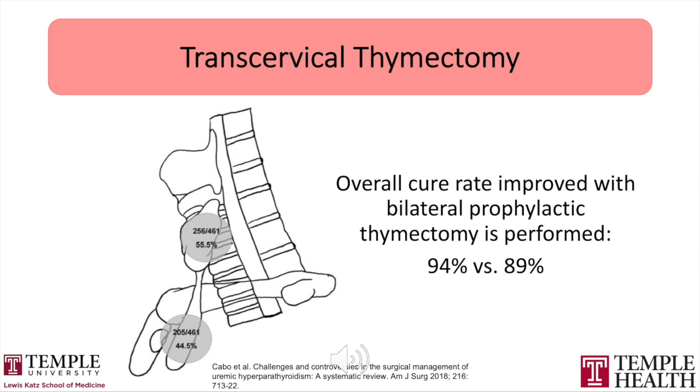So some literature has shown that the overall cure rate is improved when you add a bilateral prophylactic thymectomy, a cure rate of 94% versus 89%. And this is something that can be performed with both a subtotal resection or a total resection with autotransplantation.